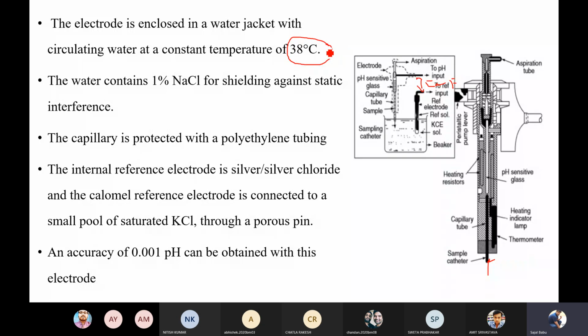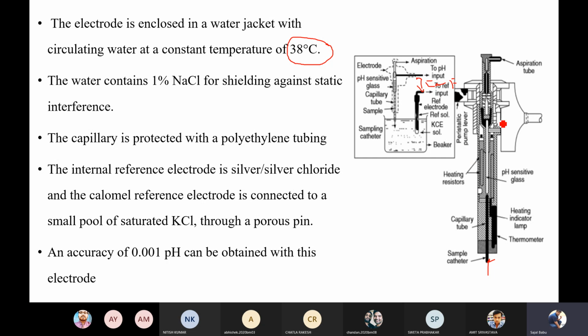Why are we circulating water at 38 degrees centigrade? Because this electrode is intended to measure pH, and if the temperature of the electrode varies, the pH of the collected blood will vary, so you are not going to get the exact value.